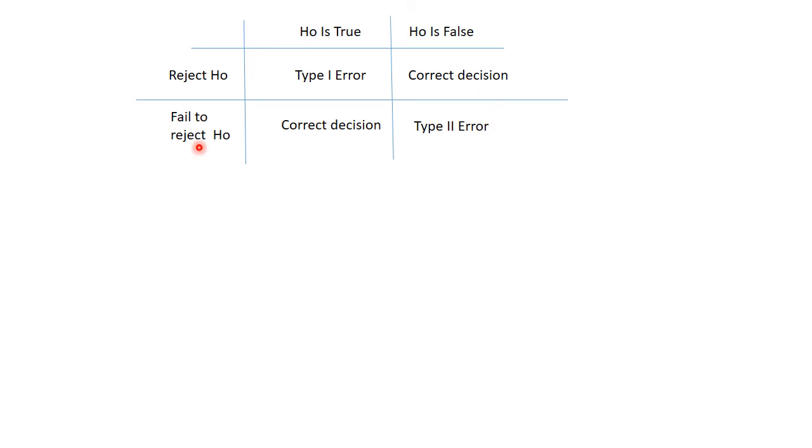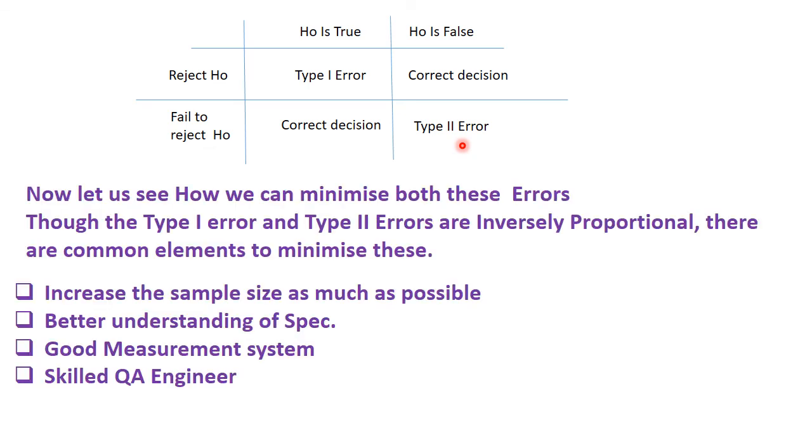Coming to the other cases, we are accepting the null hypothesis when the null hypothesis is true. That means the product is okay and we are accepting that. So it is a correct decision. And the last case, the part is actually not okay, but we are accepting it and sending it to customers. This is called a type 2 error, or a consumer's risk.